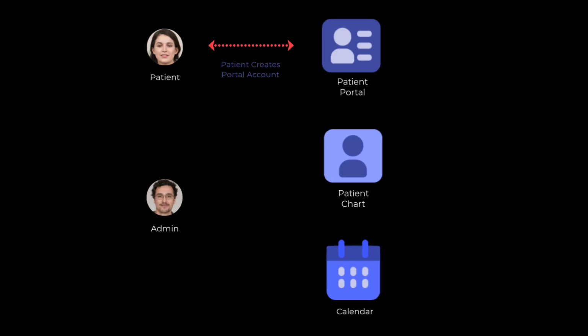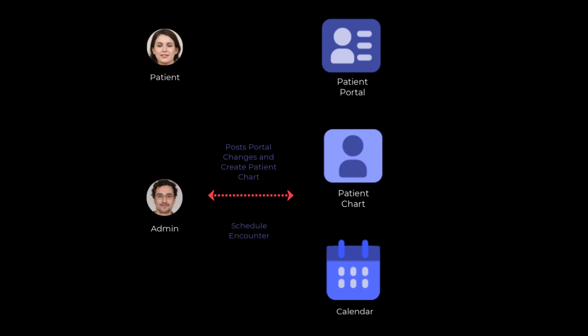The patient will go through the process of creating their account, entering in their information, and then once completed, they'll call back and let them know that they've completed all of their portal tasks. At that time, the admin will post the portal changes, creating the patient chart inside of Psykdesk. Then they can schedule the patient and attach any additional intake forms for them to fill out.